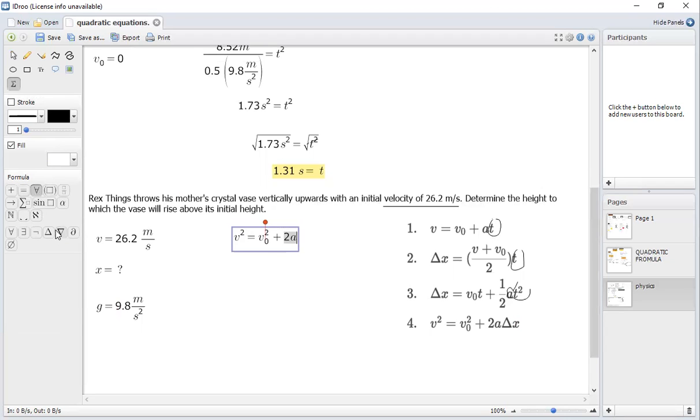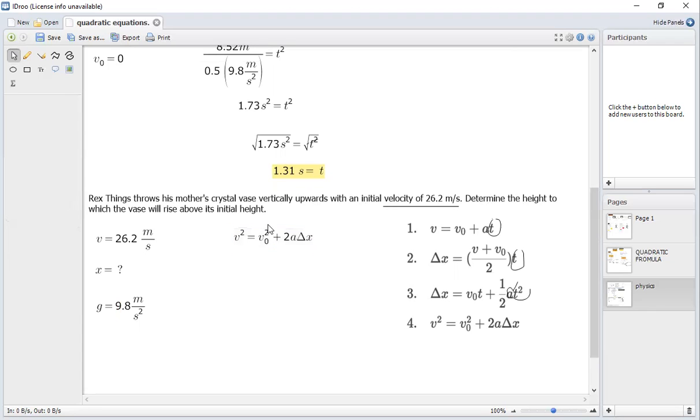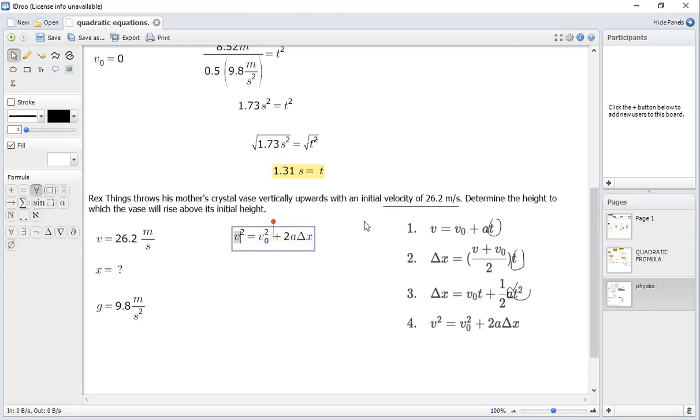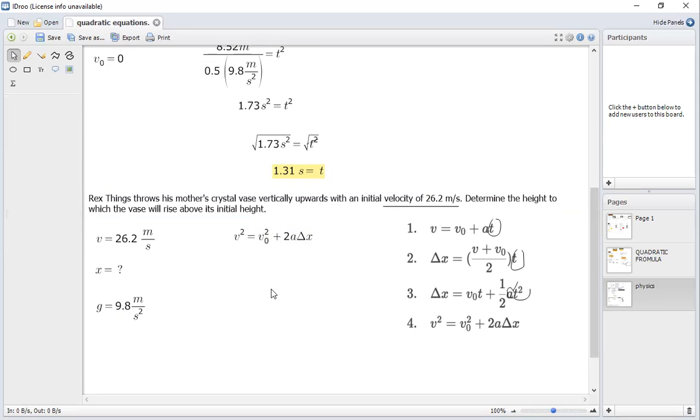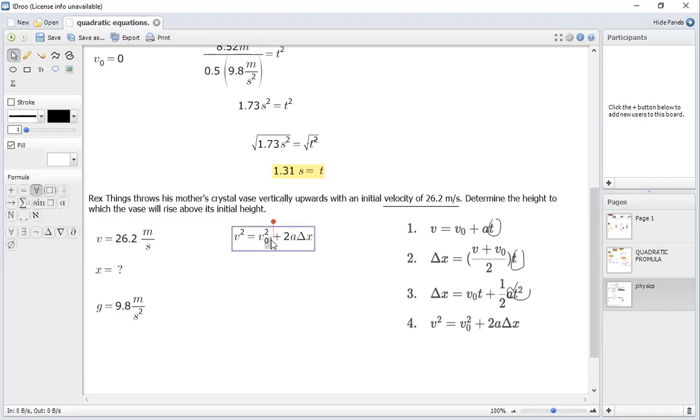So what will be our other velocity? The initial velocity was 26.2, but the final velocity is 0. Exactly. So we just replace it by 0.